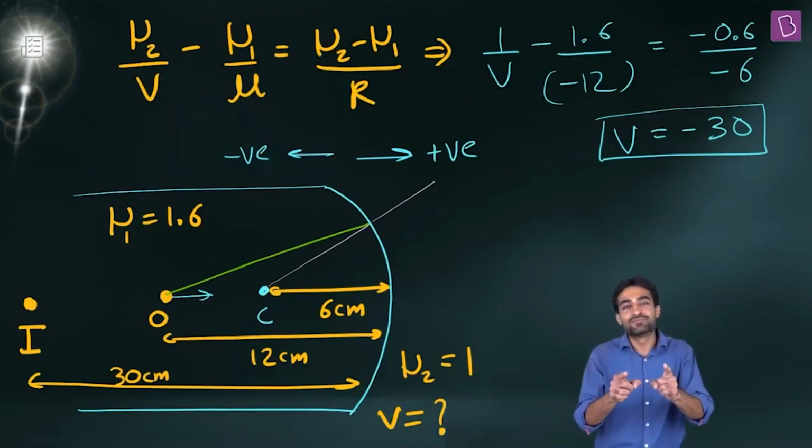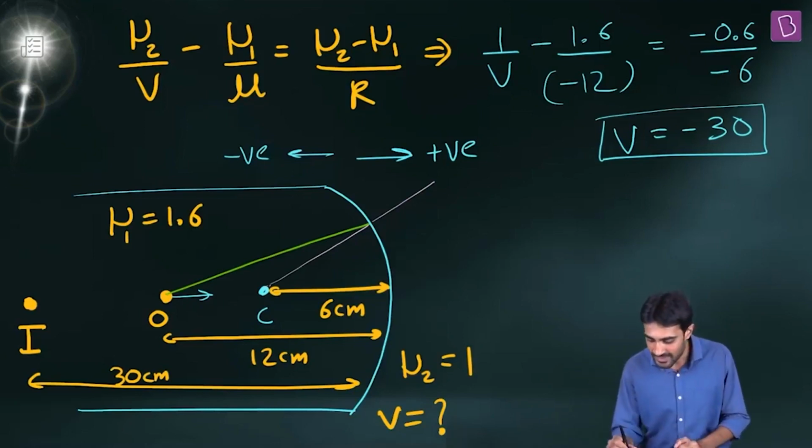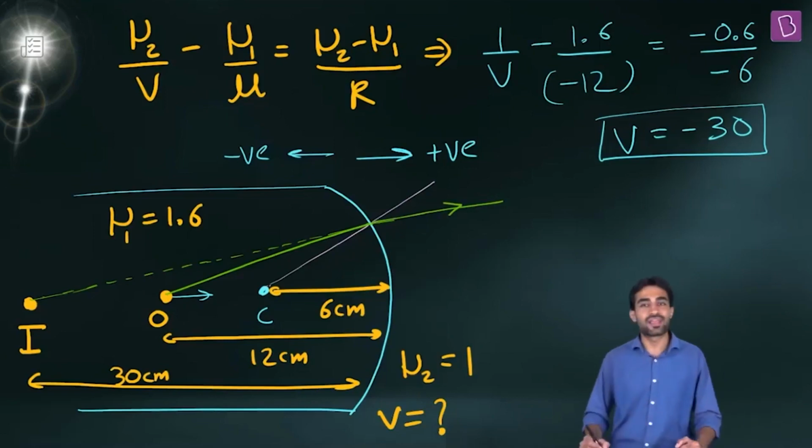So what will happen? The angle of refraction will be more than the angle of incidence. So this light ray goes like this. Let me extend something from image, and we can see the direction of the refracted light ray. Good. So this is the direction of refracted light ray.